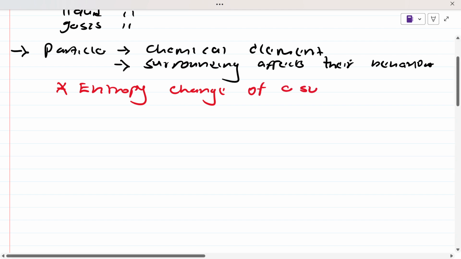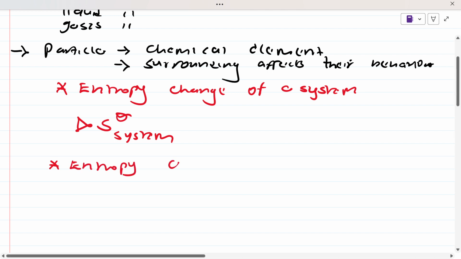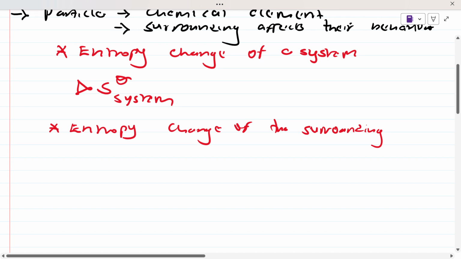Of a system, it is always denoted by delta S. The next thing that we have to take into consideration whenever we are calculating total entropy is the entropy change of the surrounding. And it is always denoted as delta S.